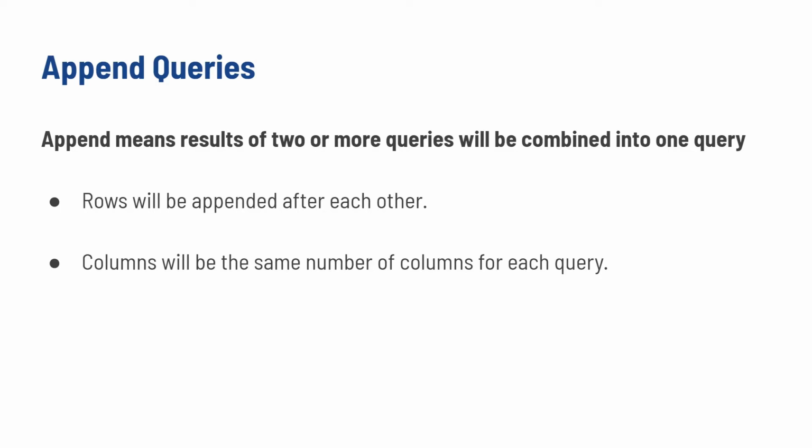For example, appending a query with 50 rows with another query with 100 rows will return a result set of 150 rows. Columns will be the same number of columns for each query. For example, column 1, column 2 up till column 10 in the first query after appending with the same columns in the second query will result into one query with a single set of columns from 1 till 10.